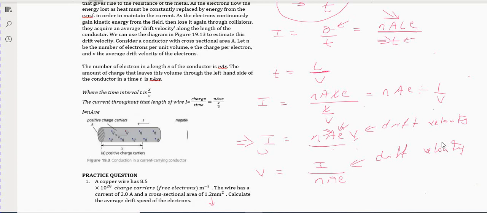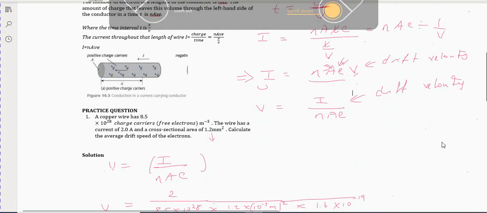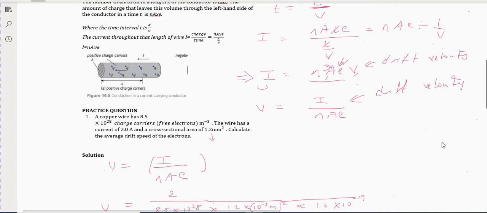And to transpose for velocity or drift velocity, we would take this here and divide it on this side. So easy transposition. So all of what is here divided by time. So this is what we're left with, to say V is equal to I divided by N times A times E.